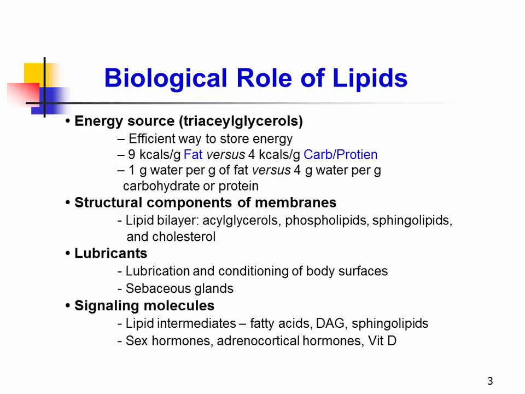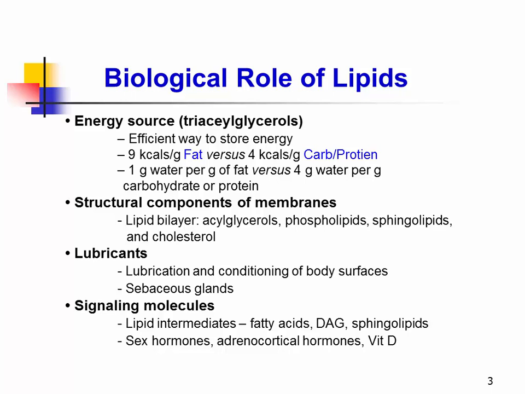For example, there are 9 kcal per gram of fat. So if we burn or utilize 1 gram of fat, we're able to generate 9 kcal of energy, compared to only 4 kcal per gram of carbohydrate or protein. So it's a more efficient energy source that can be used in our body.